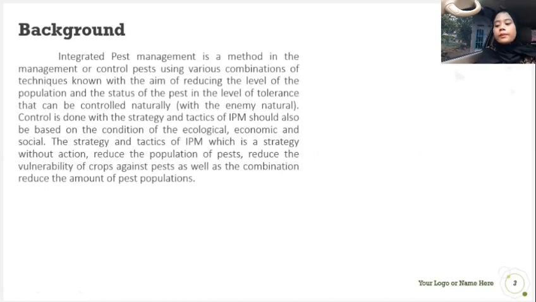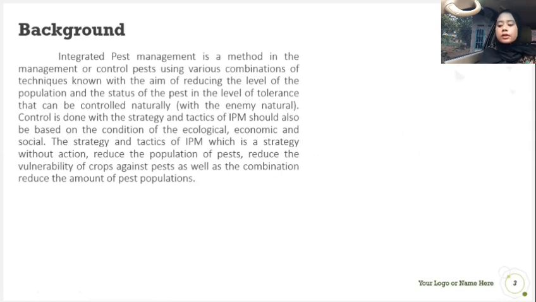Background. Integrated pest management is a method in the management or control of pests using various combinations of techniques, with the aim of reducing the population level and the status of the pest to a tolerant level that can be controlled naturally with natural enemies.